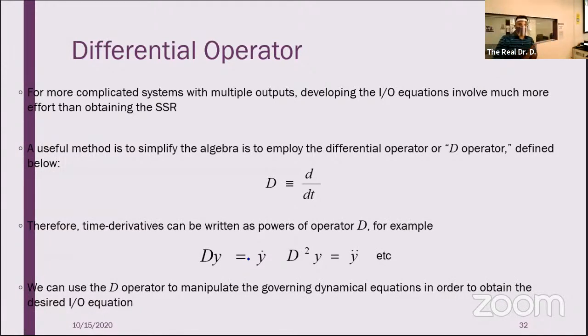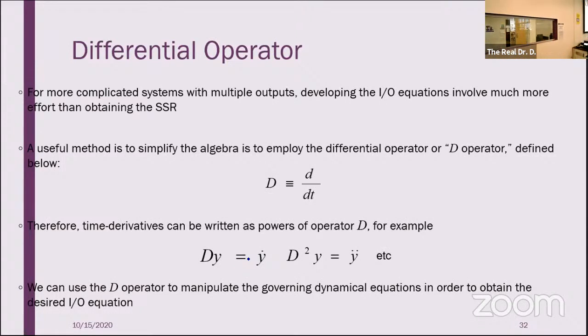For more complicated systems with multiple outputs, developing I/O equations involves much more effort than obtaining an SSR. So for higher order systems that have multiple inputs, multiple outputs, really complex systems, state space representation is where we want to live.